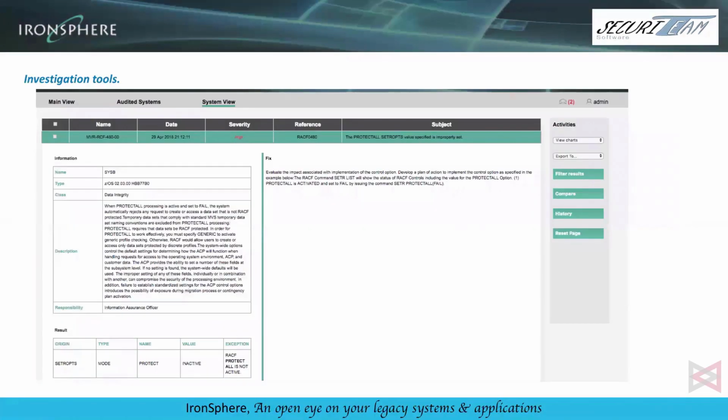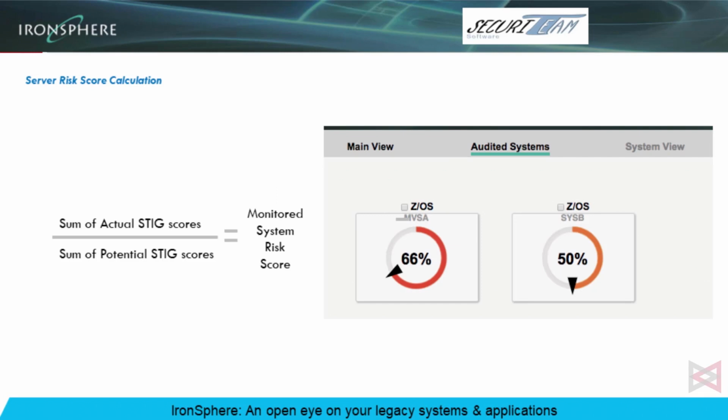Clicking on a row in the system view pane displays the complete detailed report of the check clicked on. As you may see, at the bottom left side of the screen is the result table, which was created by the diagnostic routine. As we said, STIGs have predefined severity levels. If one or more security controls in the test are not set properly, the predefined severity level is assigned.